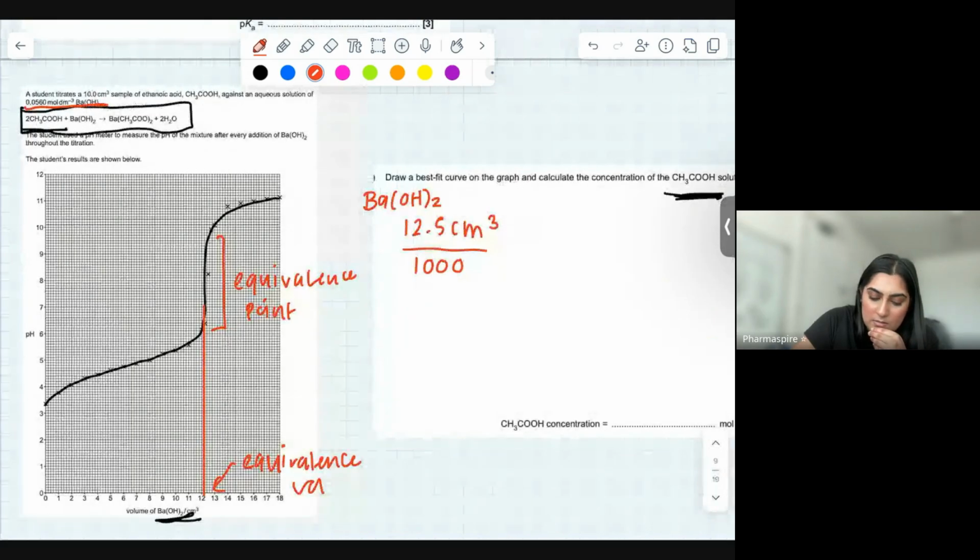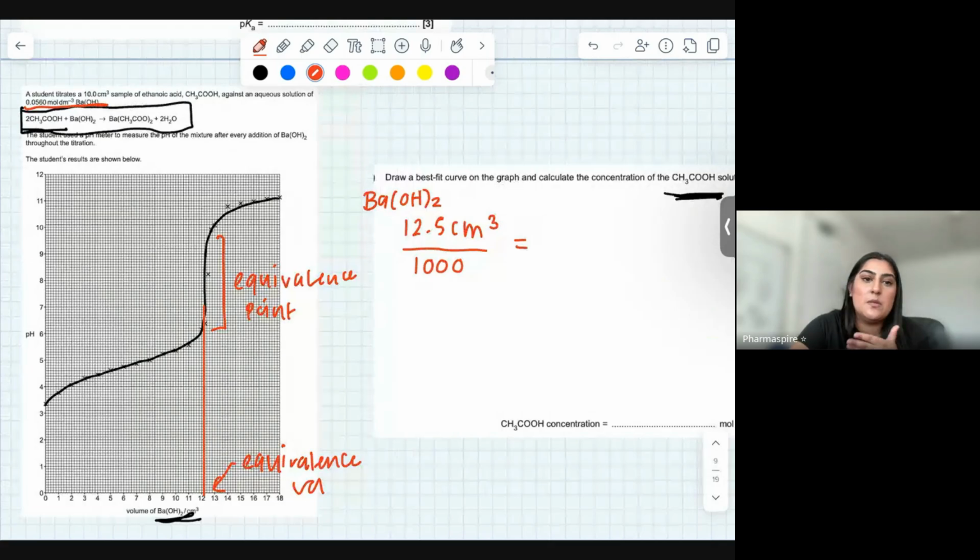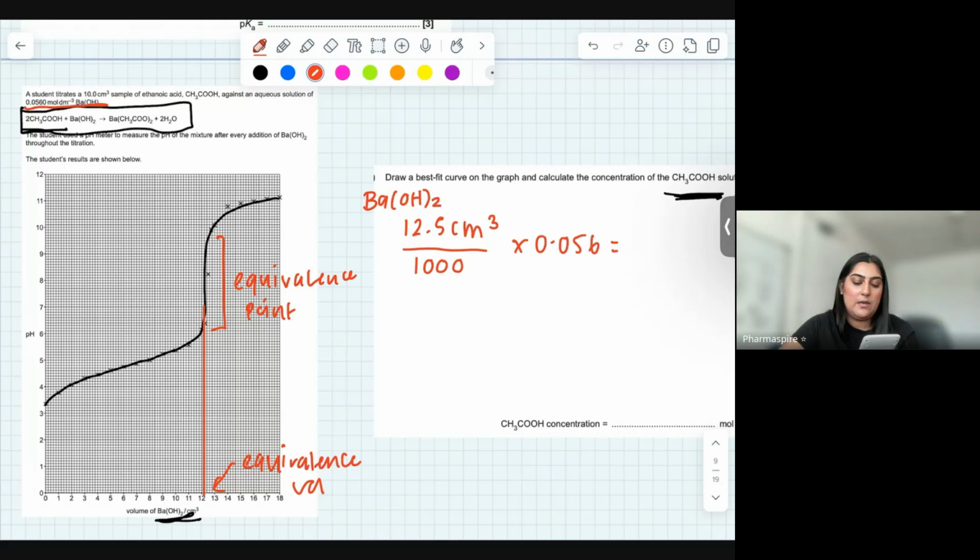Now, you may think, oh, it's barium hydroxide, so you have to times it by 2. No, we don't need to do that because we're not looking at the concentration of OH minus. We just want moles. So just deal with it normally. 0.056 times the volume equals, let me see what you get. You get 7 times 10 to the power of -4, okay?